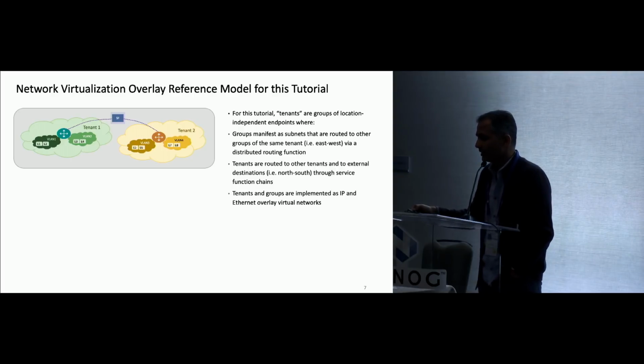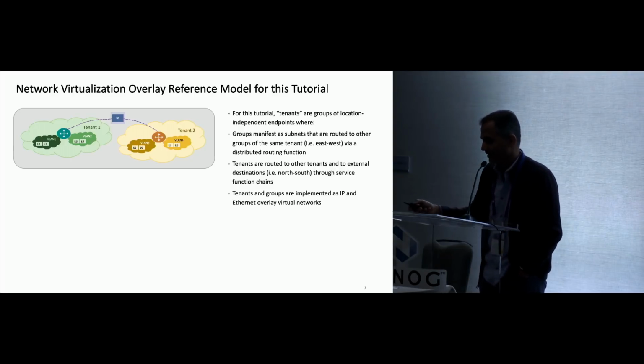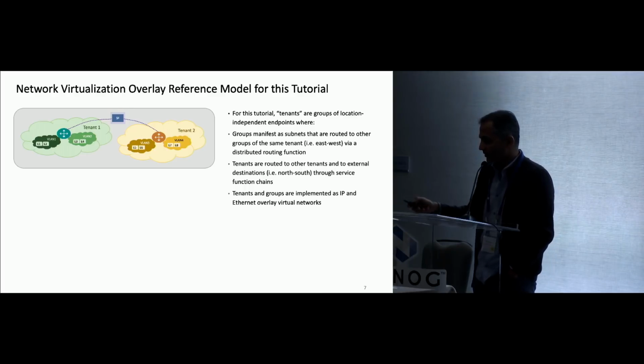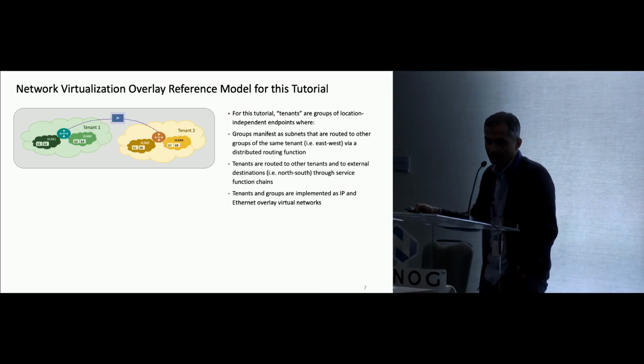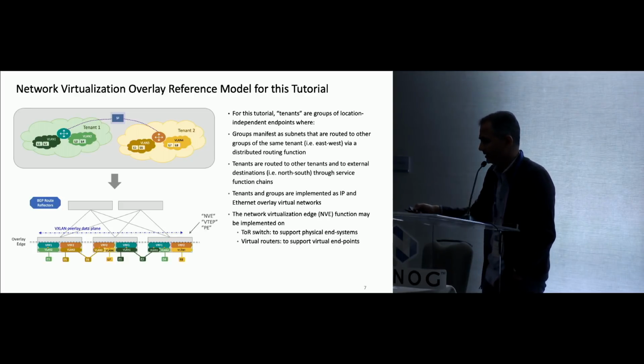Tenants and groups are implemented, obviously, as overlay virtual networks. I will occasionally refer to these things as different things. One thing you might hear me say is L3 virtual networks and L2 virtual networks, or L3 VNs and L2 VNs, meaning basically IP and Ethernet overlay networks.